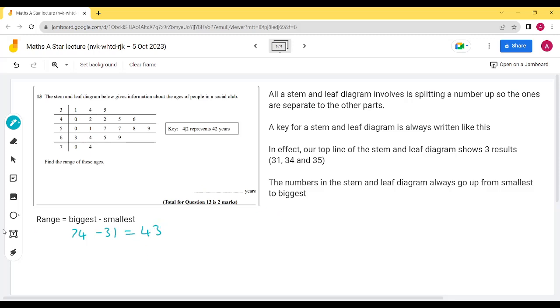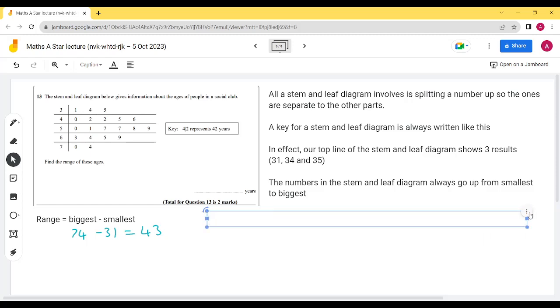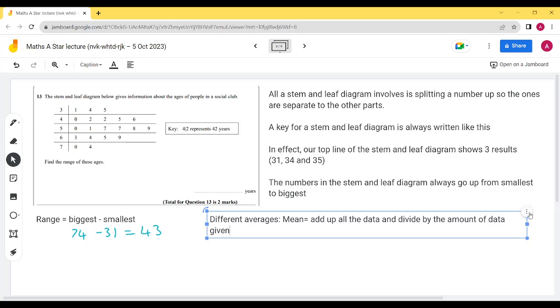Okay, just a little bit of quick revision. We're not going to work out for these numbers necessarily, but just to mention, because these will come up, different averages. So you've got mean equals add up all the data and divide by the amount of data given. So e.g. in this case it would be like 31, 34, 35 and so on, and you would divide.